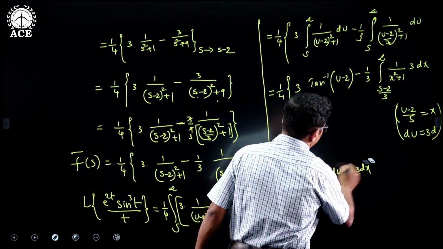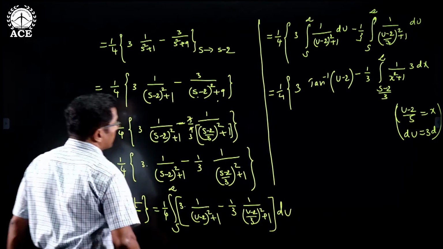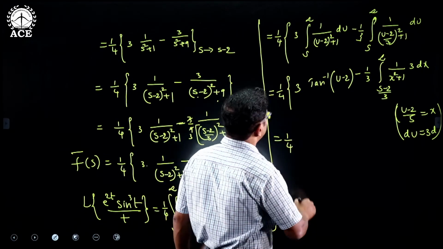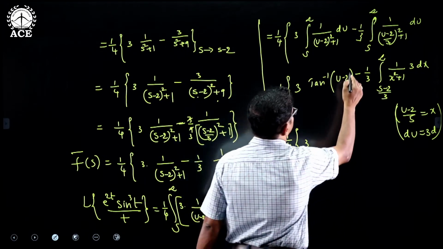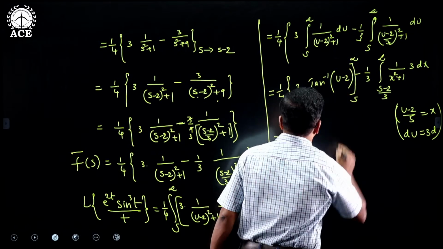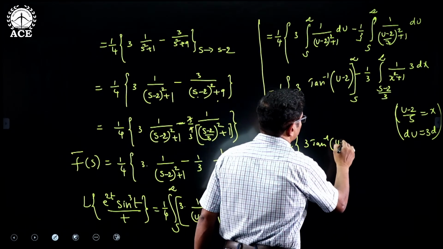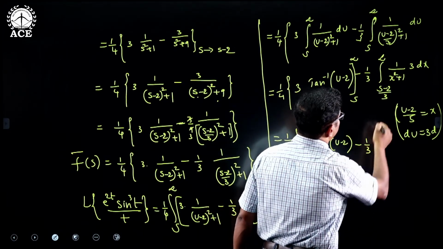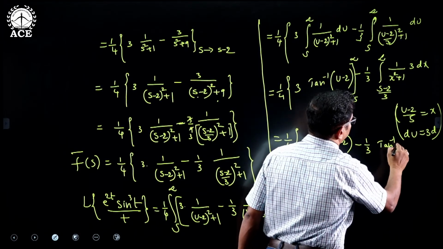So which is equal to 1 by 4. Of course, here I have to write the limits s to infinite, 3 into tan inverse of u minus 2, minus 1 by 3 for this, tan inverse x I am writing.